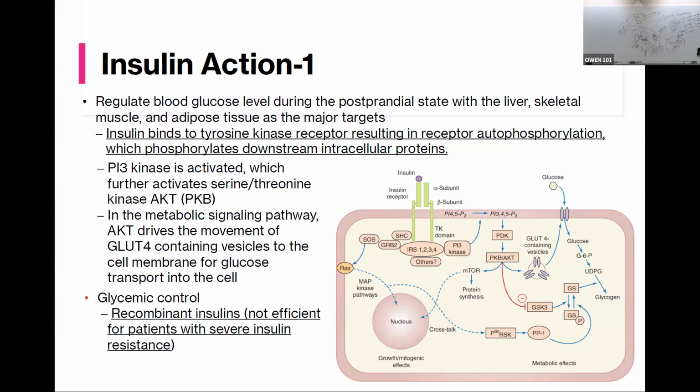So GLUT4 needs to be transported to the membrane to be able to take glucose in. So that's a very interesting system here, right? You need insulin to tell the cell to open the gate, because otherwise the cell will not actively open this GLUT4. All right?